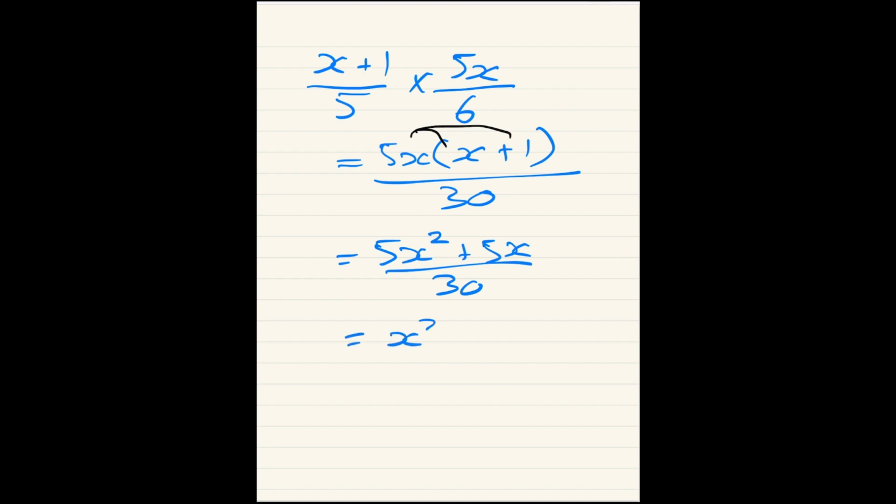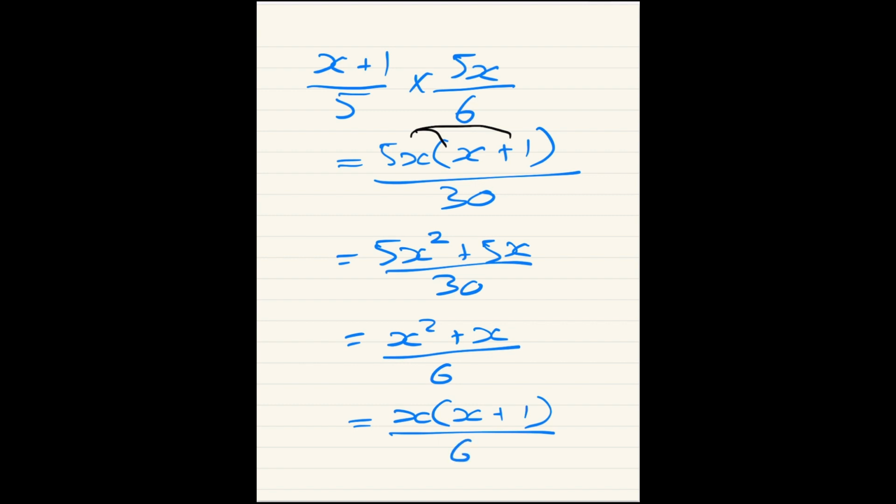So we're going to end up with x squared plus x at the top, and then we're going to divide 30 by 5 to get 6. We could, if we wanted to, take this a step further and factorise out the top, but x is common to both here, so we could rewrite it in this sort of standard form.